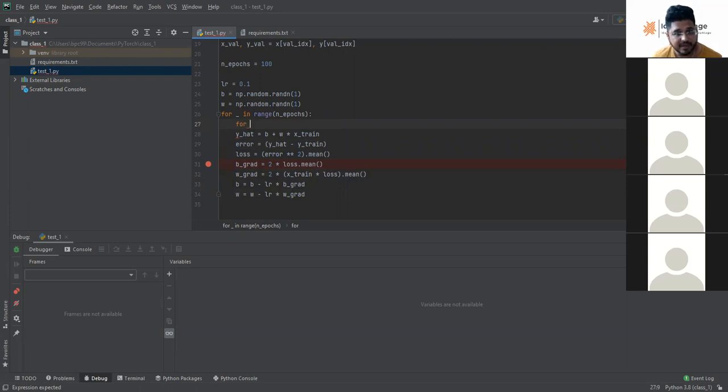And if I would have taken one item from x_train, like xt in x_train, like this, then it is stochastic gradient descent because I'm taking one value. Okay. So this is stochastic gradient descent. This is batch gradient descent. Got it?